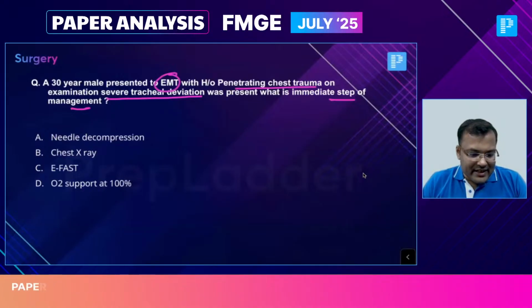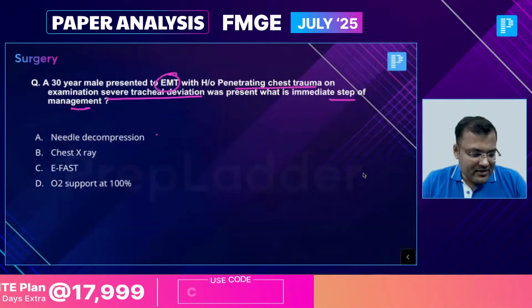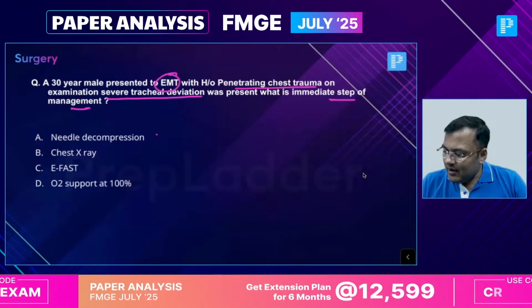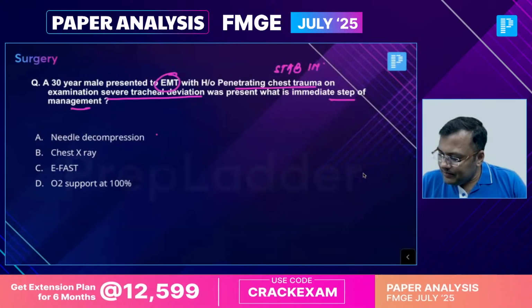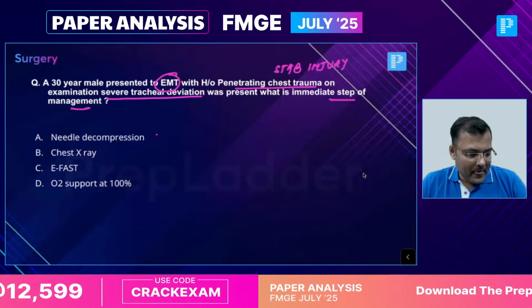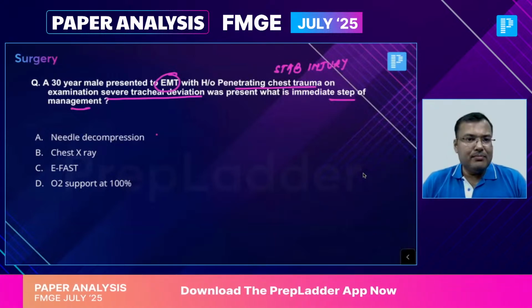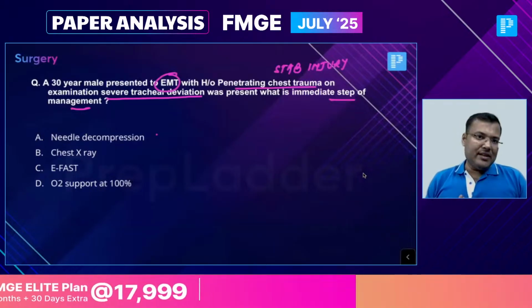Okay, needle decompression in second intercostal space, chest stab injury or chest trauma. So guys, here patient is having tension pneumothorax because there is severe tracheal deviation, right?